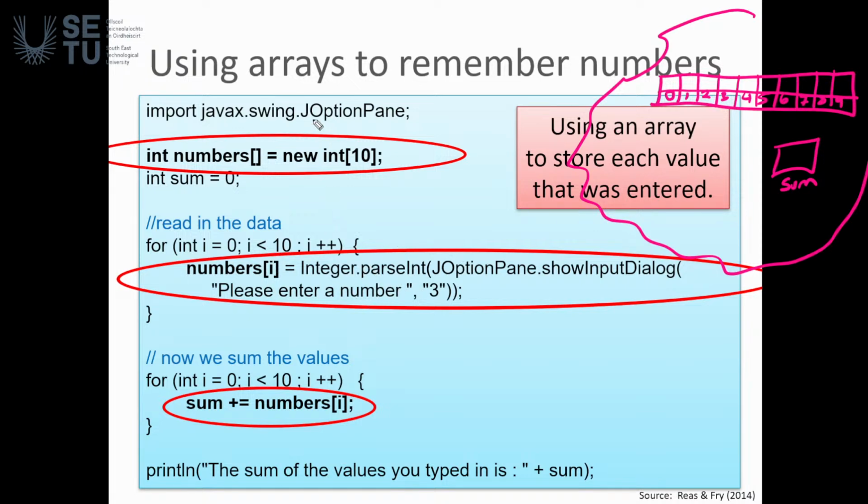So i is 0, so therefore we're going to put the first number in here, 6. It'll go back through, i will be incremented by 1, so i will be 1. So the next time it'll say in my array numbers at element 1, put the next value, whatever it is. Then we'll go back up. i will be now 2. In my array numbers at element 2, put in our value, and so forth.